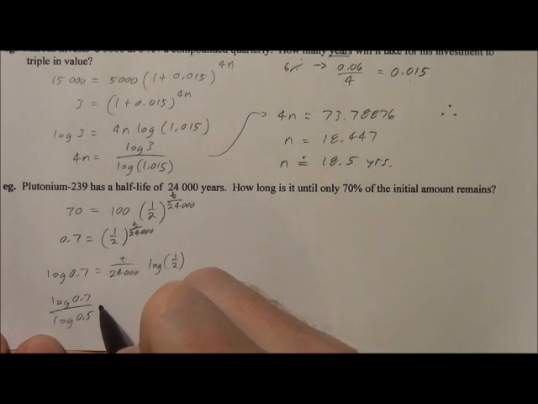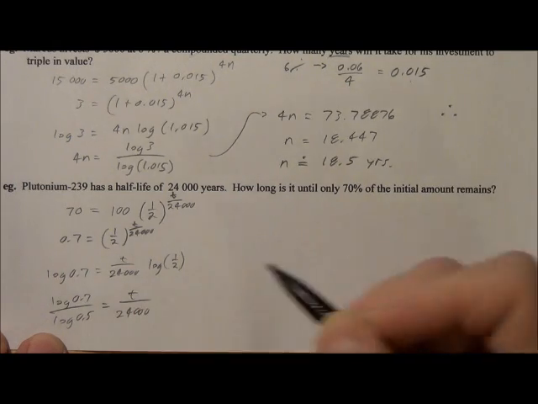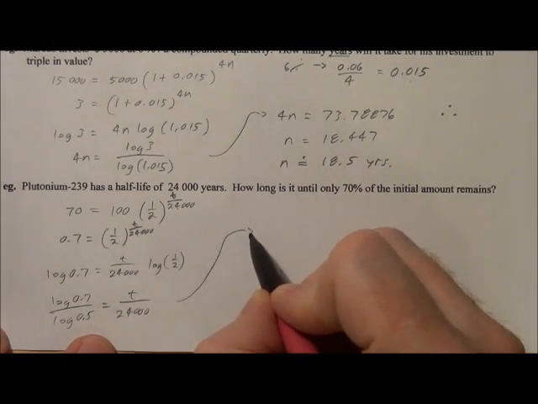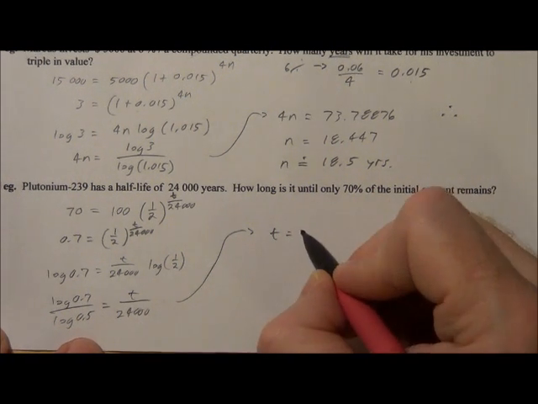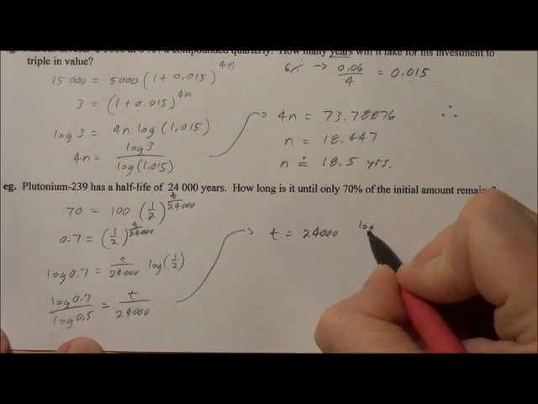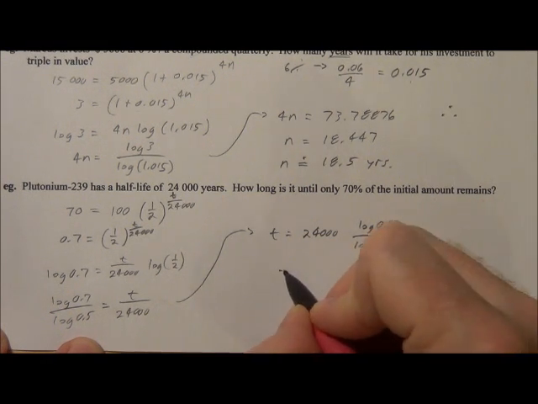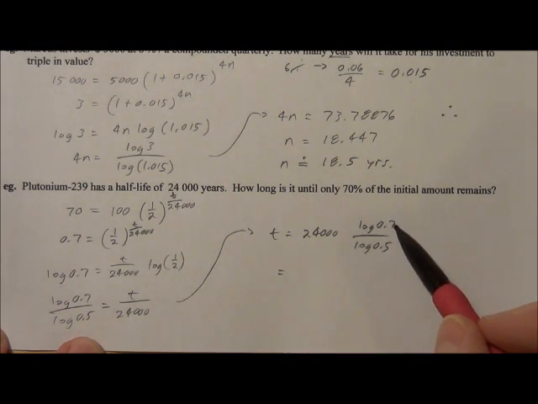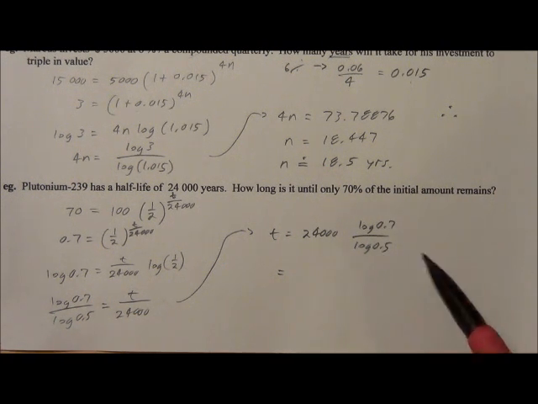This time I'll just use a decimal there. Equals t over 24,000. I want to find what t is, so I'll say t equals, and because t is being divided by 24,000, I'll multiply both sides by 24,000. So I get 24,000 times log of 0.7 over log of 0.5. Remember to do the log of 0.7 independently from doing the log of 0.5 and dividing those responses.